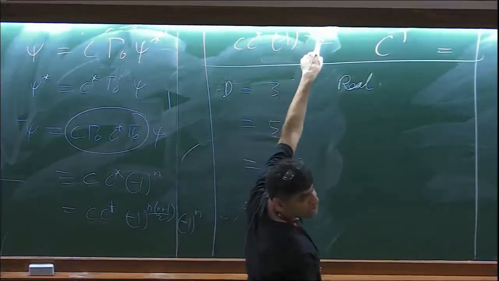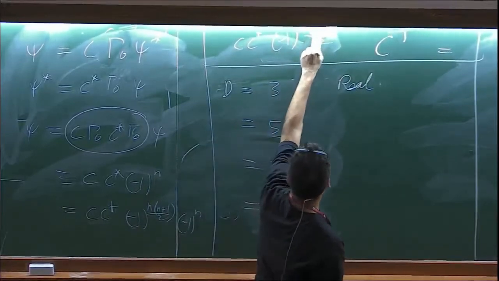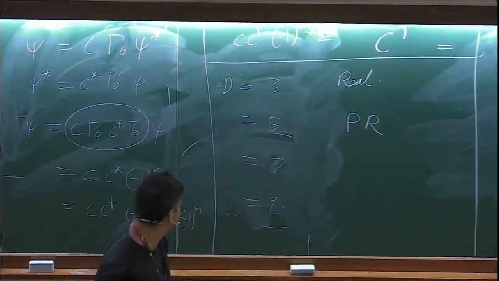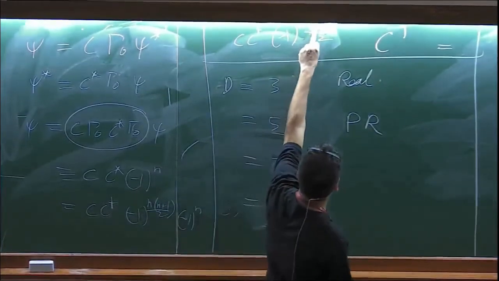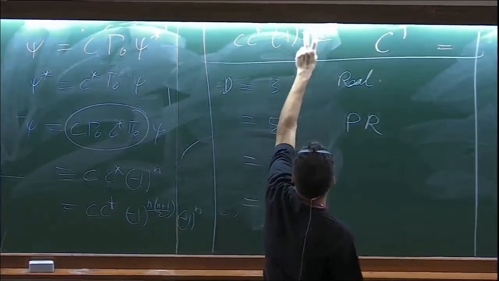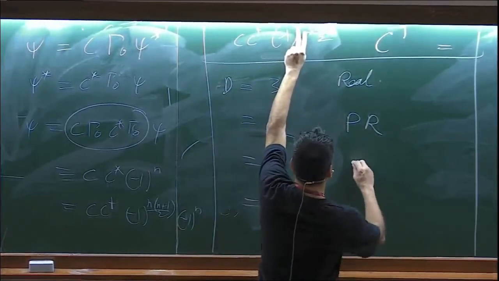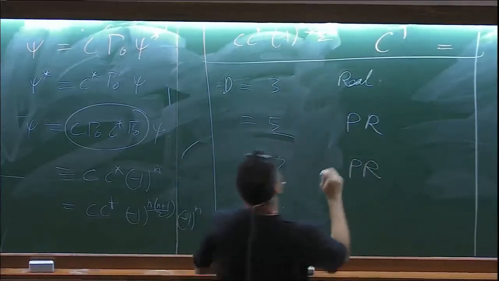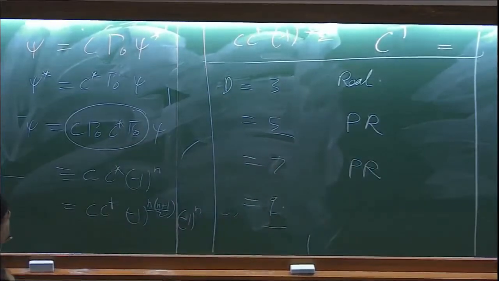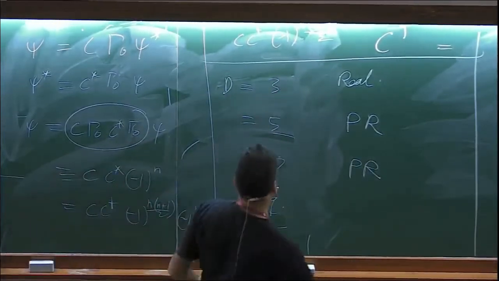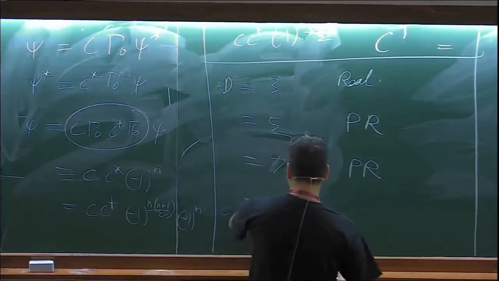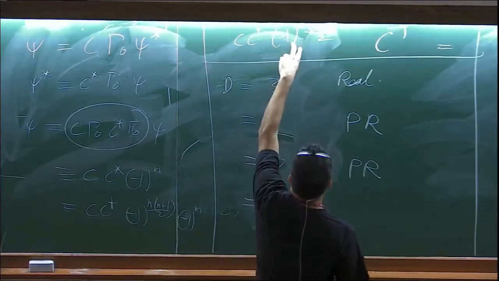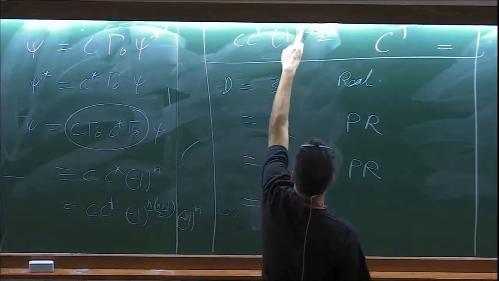N is equal to 2, so that's 1, so pseudo-real. N is equal to 3, so that's 2 into 3, so that's pseudo-real. Right, n is equal to 3 is 2 with 3, fine. And what about 9? N is equal to 4, so that's real.